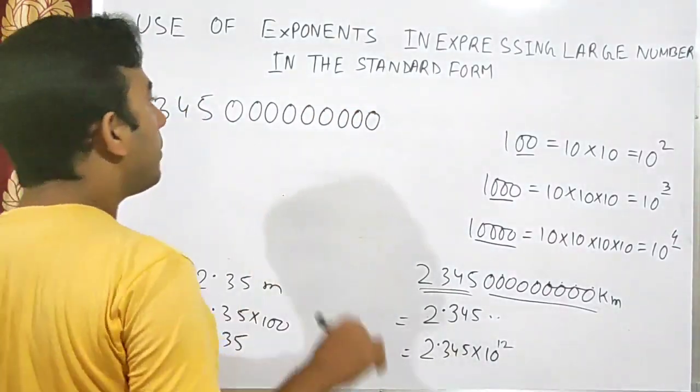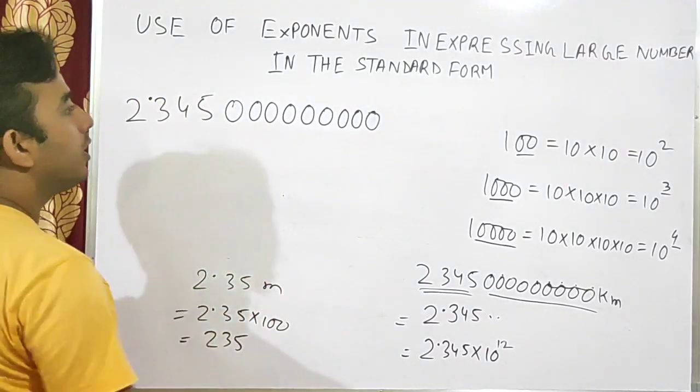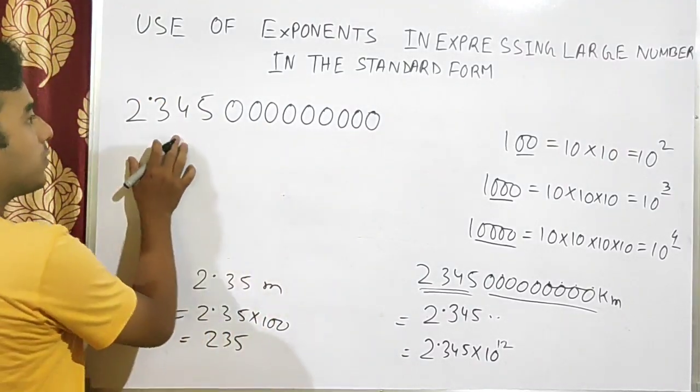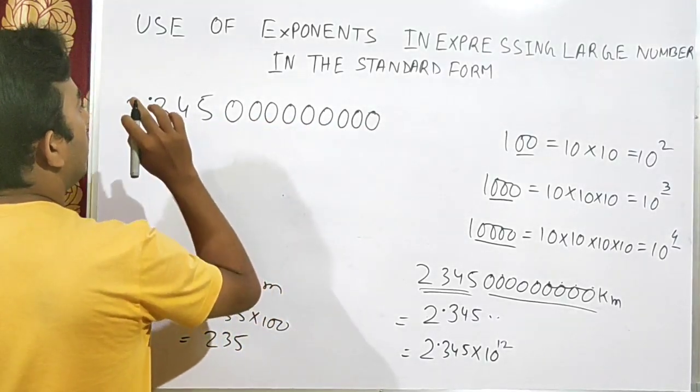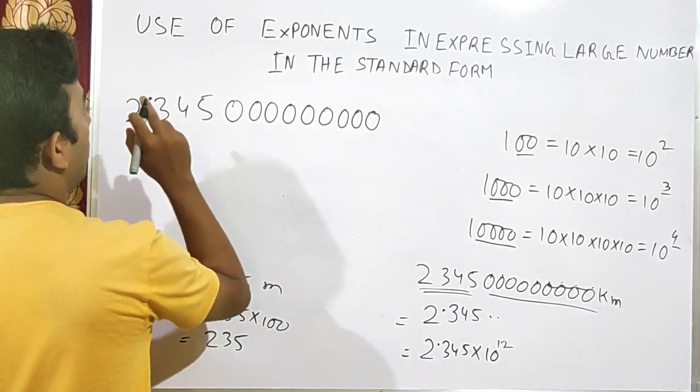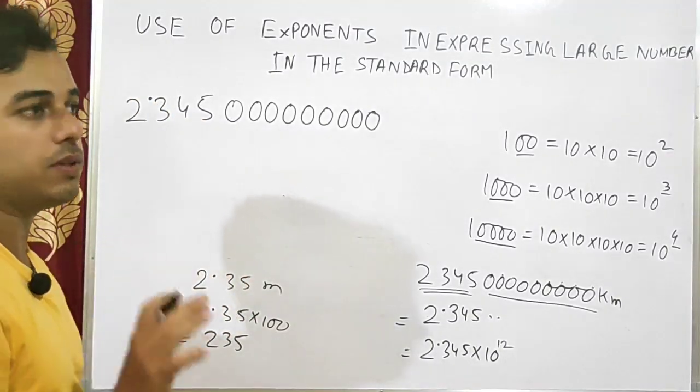What I have done is, I have introduced one decimal here. Now this number was, for example, units, tens, hundreds, thousands, lakh, ten lakh, crore, ten crore, hundred crore, then Arab, then Kharab. Like this the number is counted.